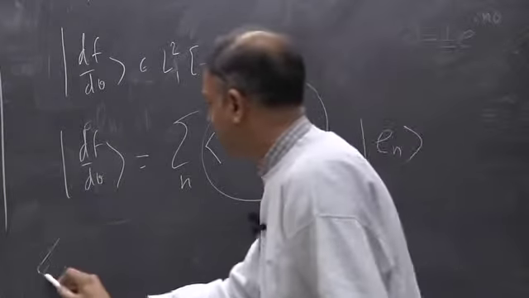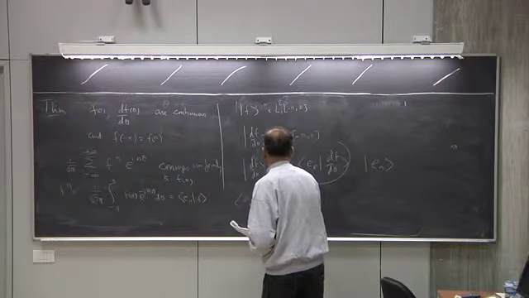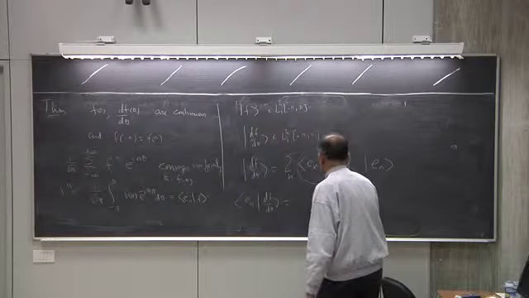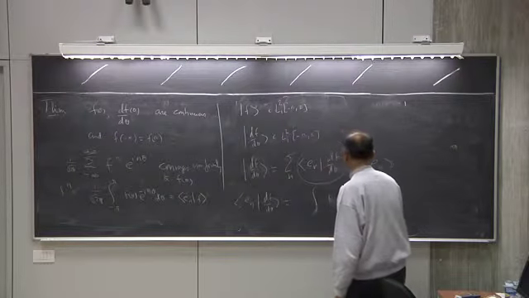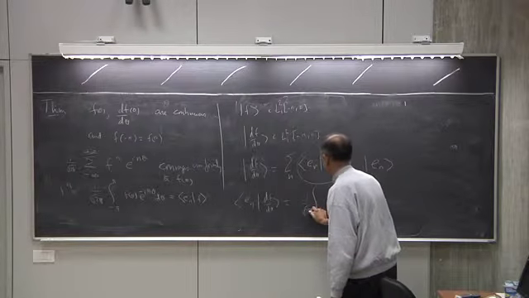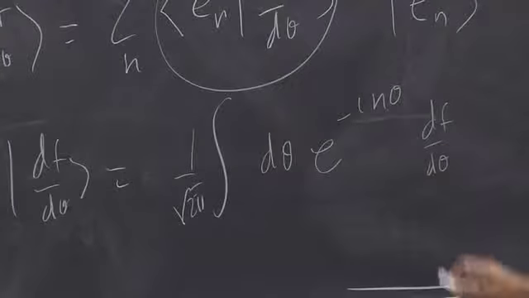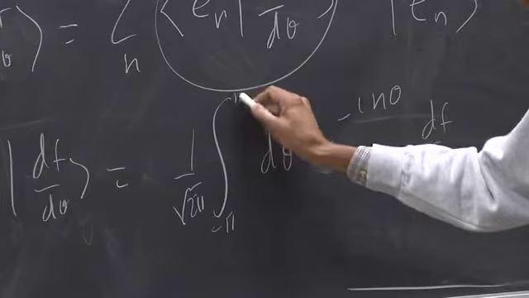So let's compute now this quantity. En df by d theta is by definition the integral d theta e to the minus i n theta, 1 over root 2 pi, and df by d theta, from minus pi to pi.